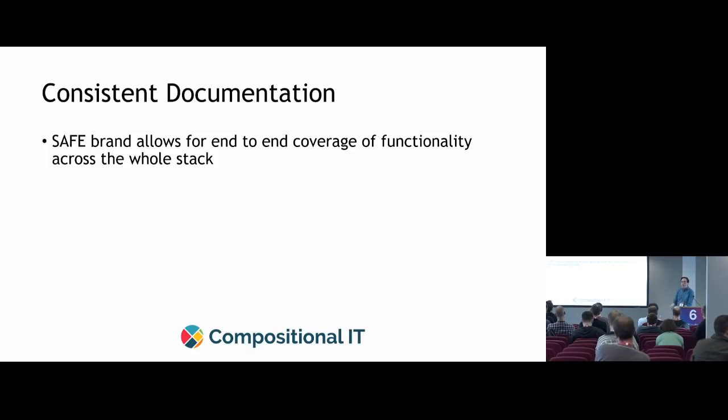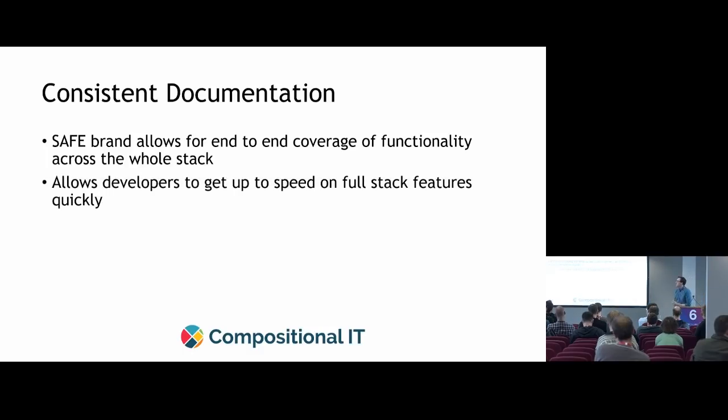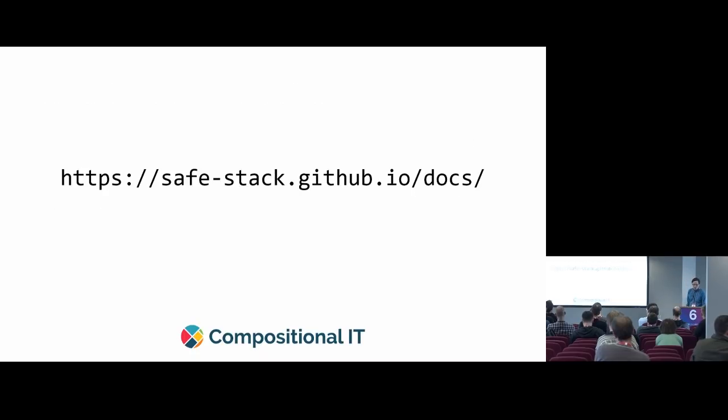By having SAFe, we can say to do end-to-end authentication, you need to do X, Y, and Z. If you want to do end-to-end continuous integration, you need to do A, B, and C. So this allows developers to get up to speed on full-stack features really quickly. If you're interested in seeing what that documentation currently looks like, it's on safestack.github.io/docs.